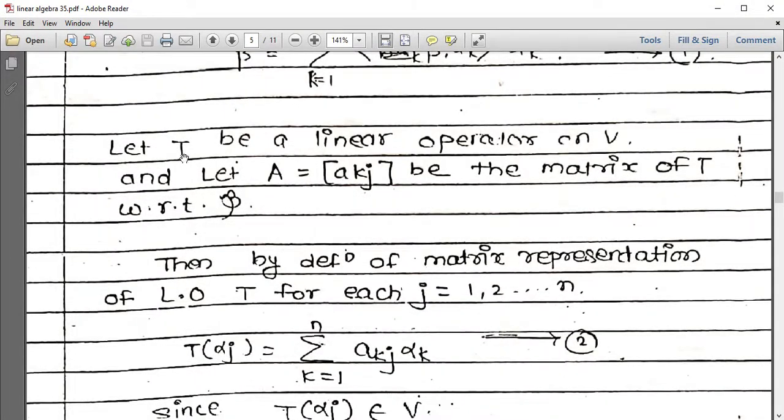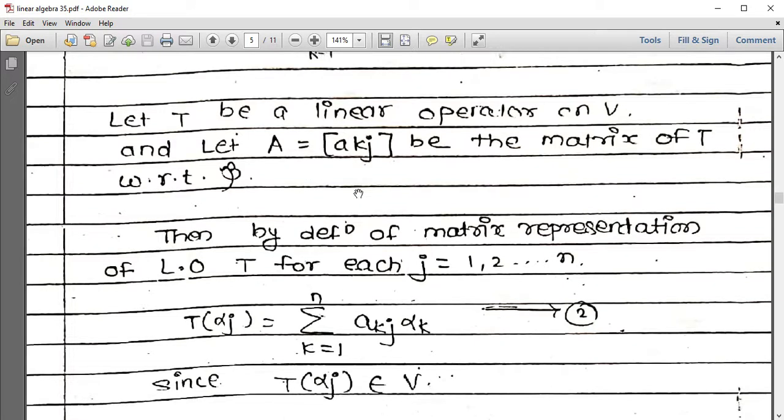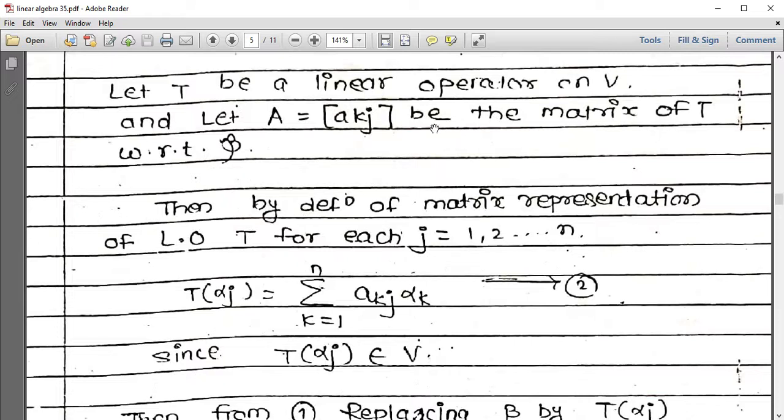Let T be a linear operator on V and let capital A be the matrix of T with respect to beta. That is, A is equal to curly bracket A kj, the matrix of T with respect to beta.